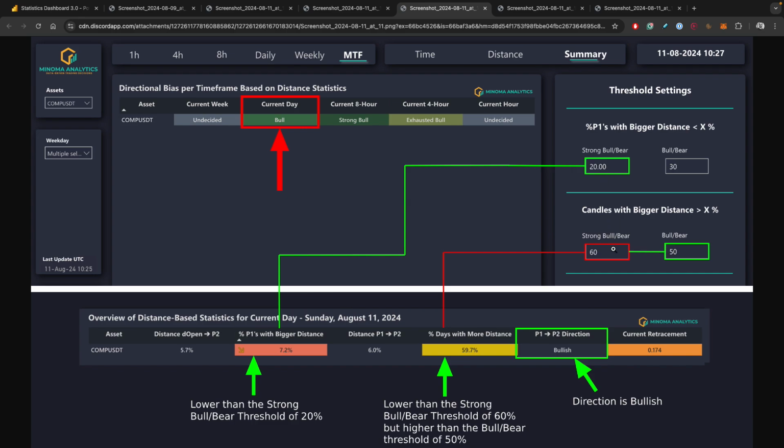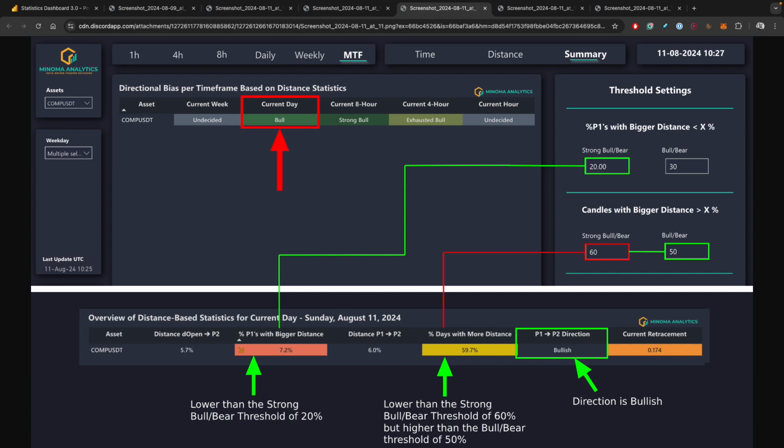So this is one of the scenarios we just discussed where this strong bull bear is being met, but this one is not. So we have a very high probability of holding P1, but not that high a probability according to our threshold. So not a very high probability, still an edge. That's why it's bull, right? But no longer a really big edge, and therefore it is simply bull rather than strong bull. And obviously the direction is once again bullish, which is why this is bull.